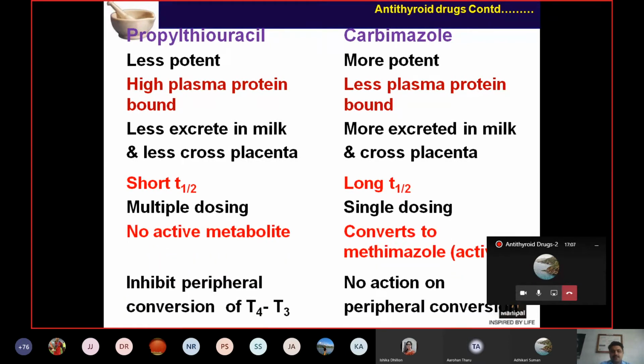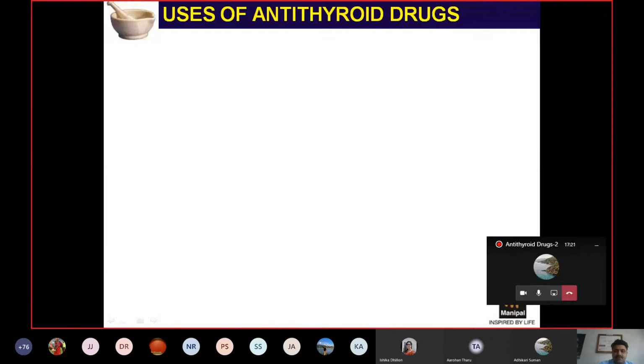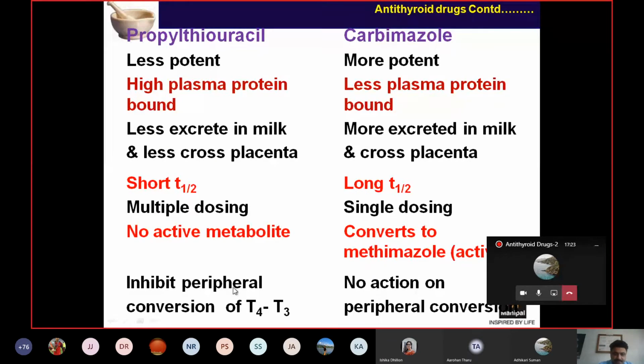We compared propylthiouracil and carbimazole. Carbimazole, even though it has less plasma protein binding, has a longer action. The half-life is longer, even though the plasma protein binding is less with carbimazole, which is something exceptional.